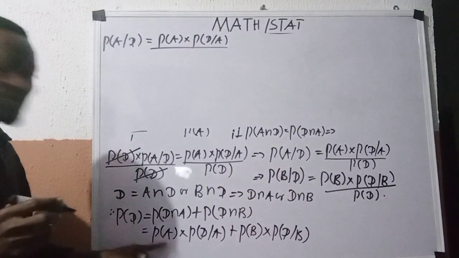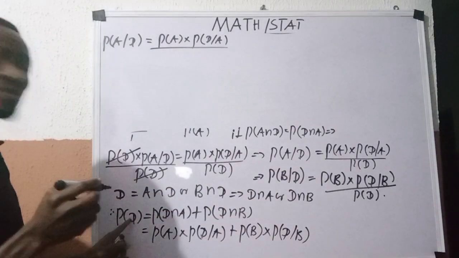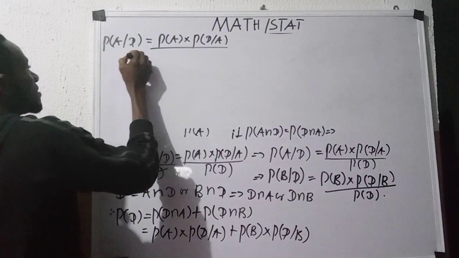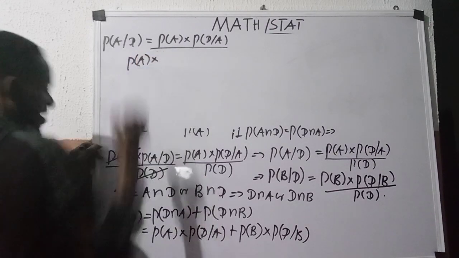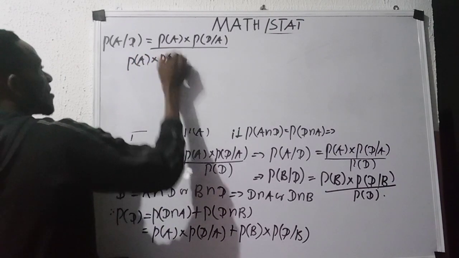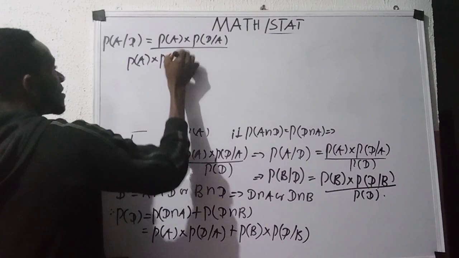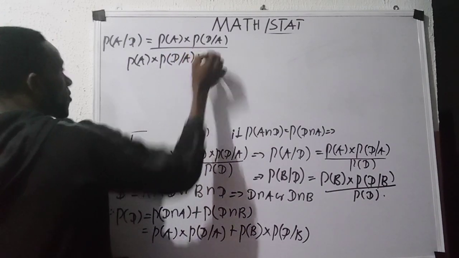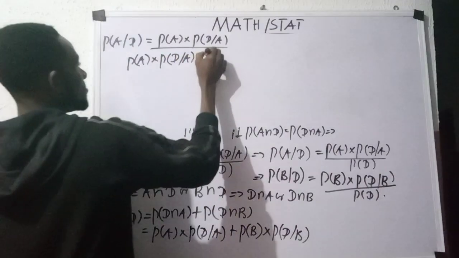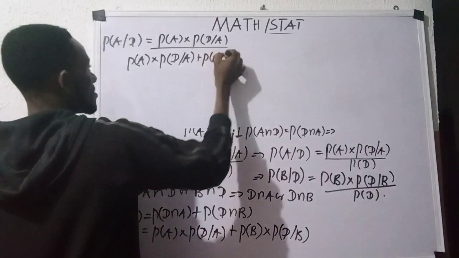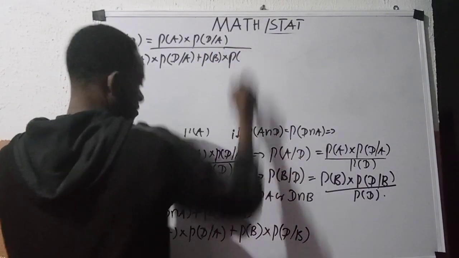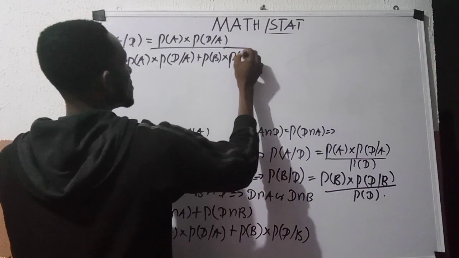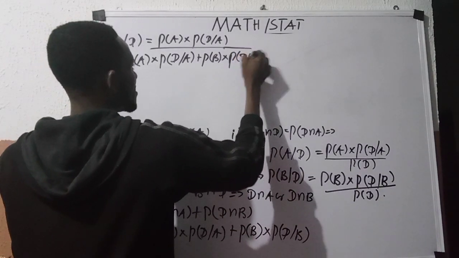I'll write all of these because they are the same thing as P of D. So I have P of A multiplied by P of D given A, plus P of B multiplied by P of D given B.